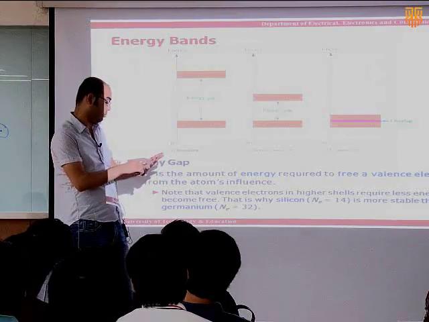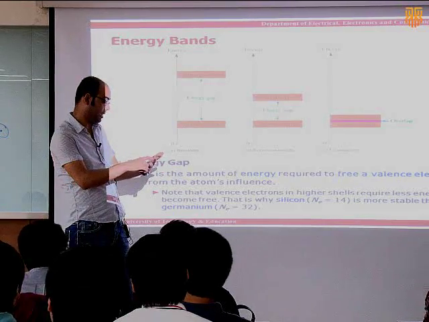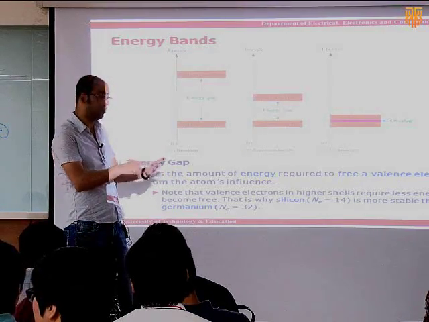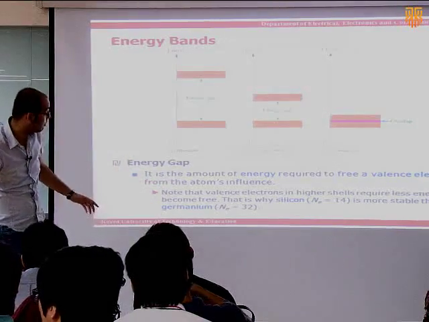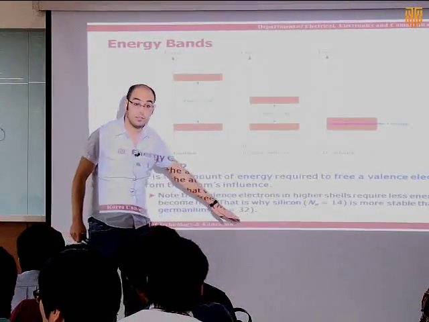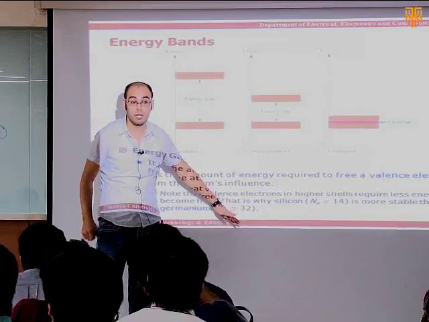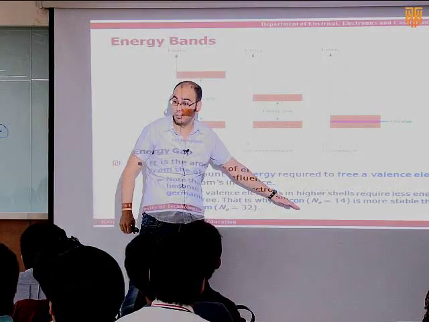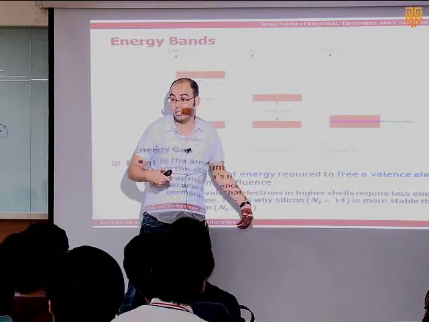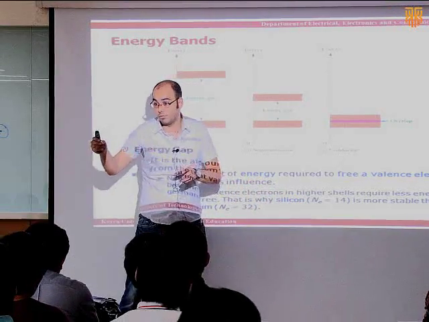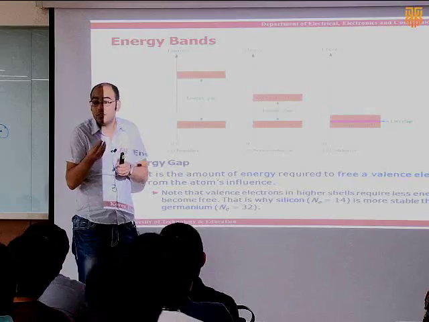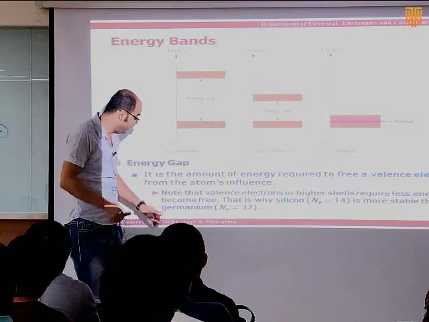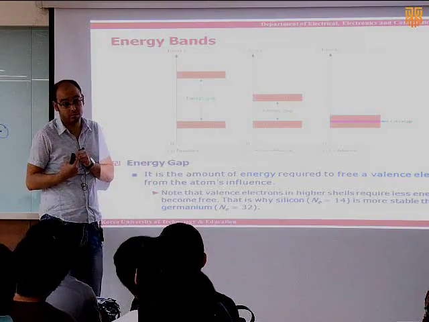So it has 4 shells. So in this one, the valence electrons are in the 4th shell, and in silicon they are in the 3rd shell. So germanium needs less energy for the electron to leave, and silicon needs more energy. That's why germanium is less stable.